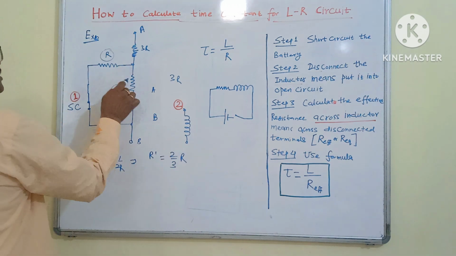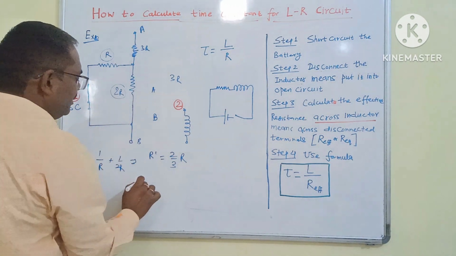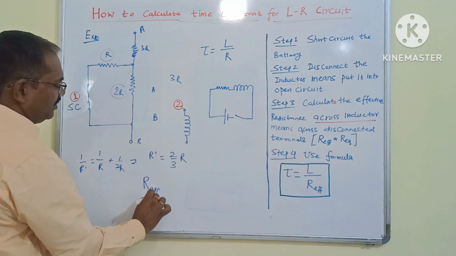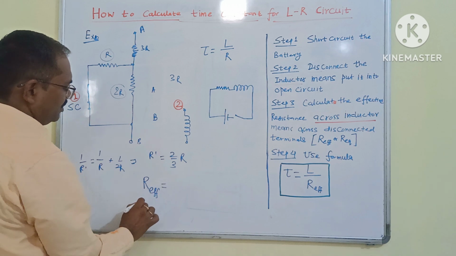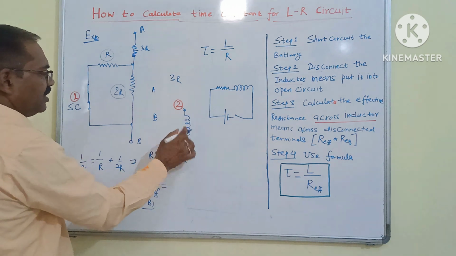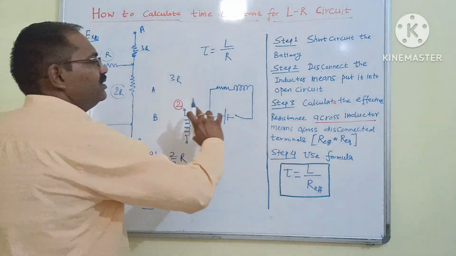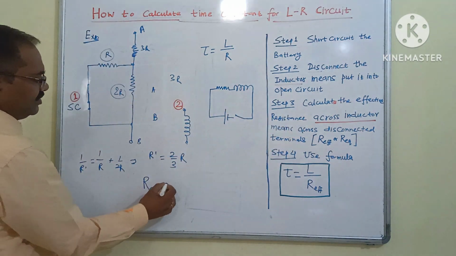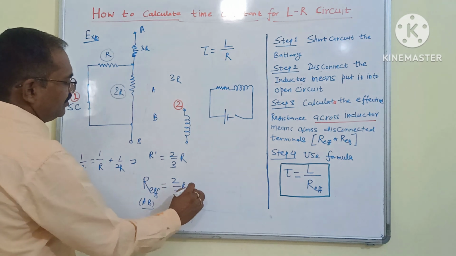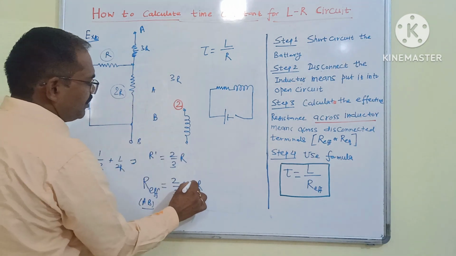Now this 3R resistor is in series between A and B. Therefore the effective resistance across AB, or I can say across this inductor which we have cut and opened from the circuit, would be 2 by 3 R plus 3R, because 3R is in series.